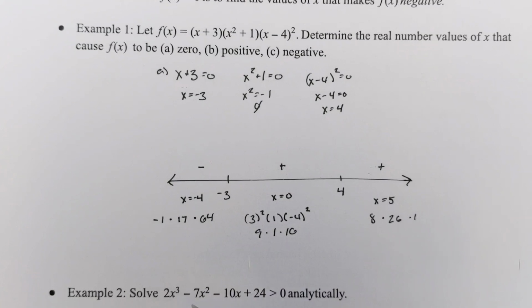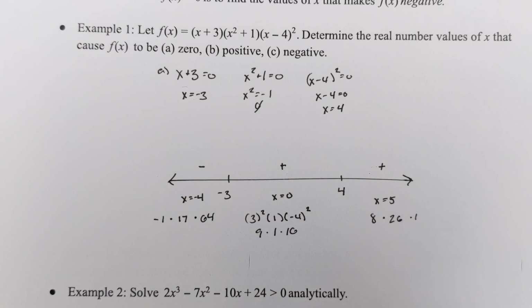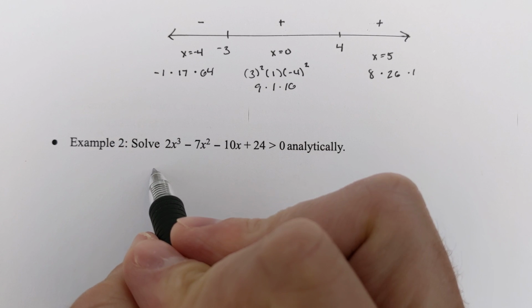All right, example 2 asks us to do a similar thing, except it does not give us the factors. So solve analytically. Let's see here. We'll start with our p's and our q's.